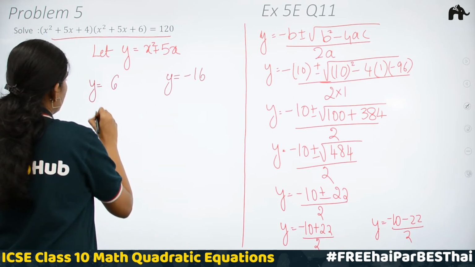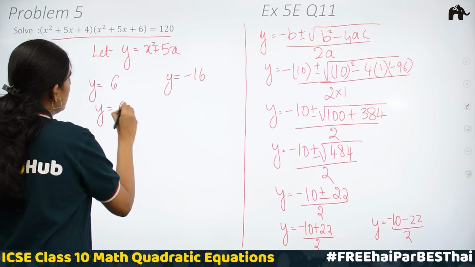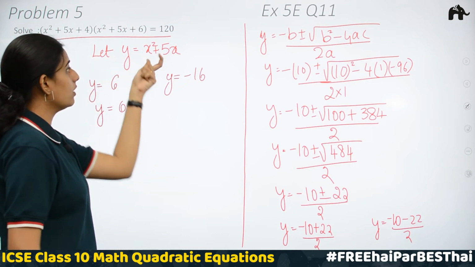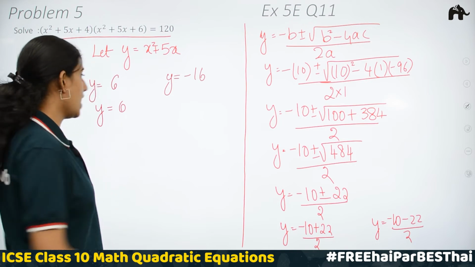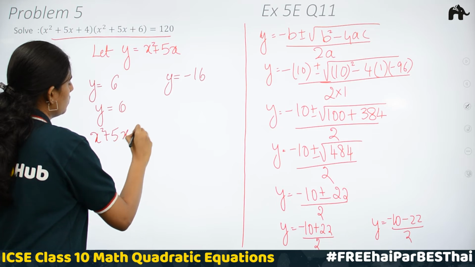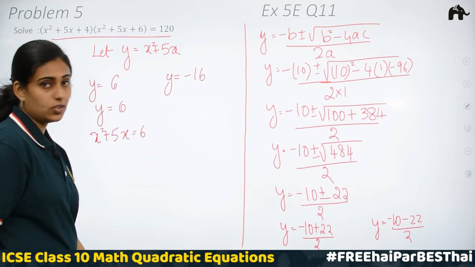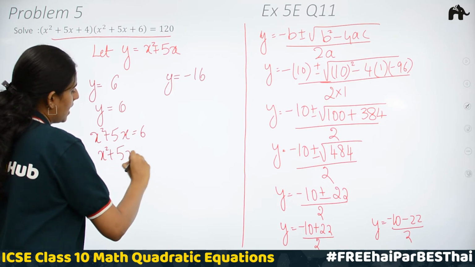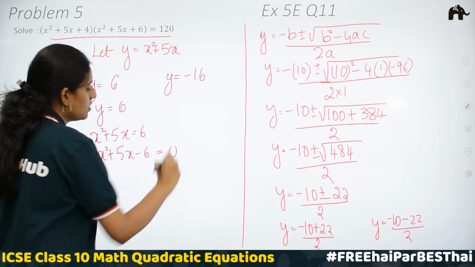Now, let's take when y = 6, what is the value of x? We have the substitution y = x² + 5x. So x² + 5x = 6. That is x² + 5x − 6 = 0.